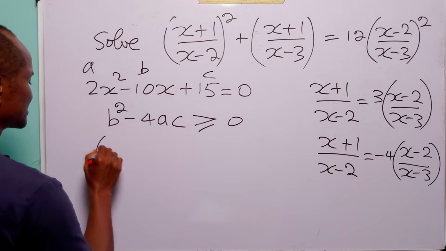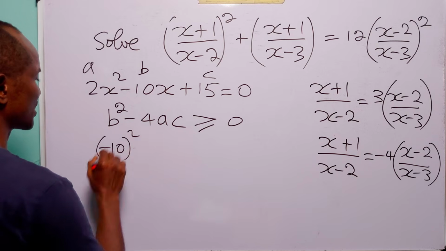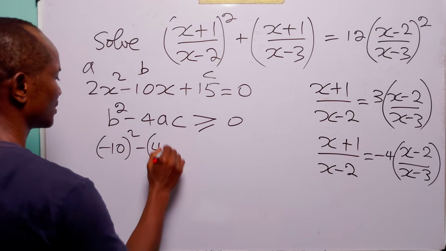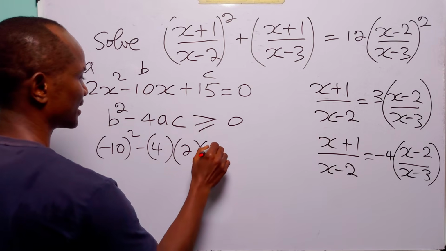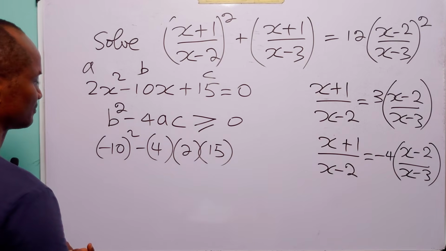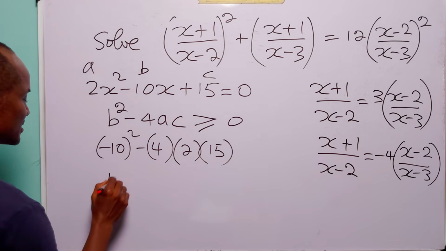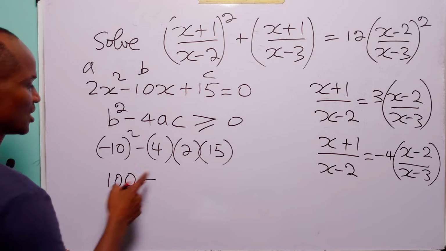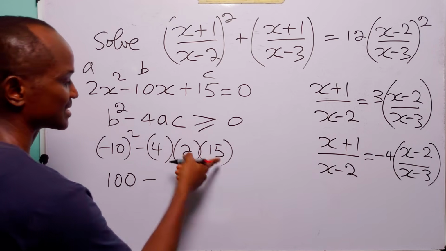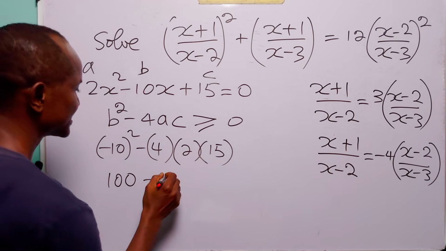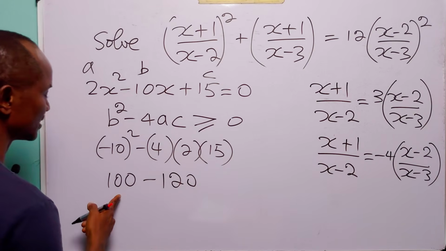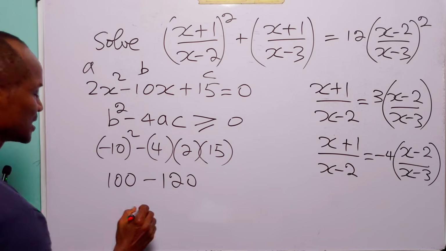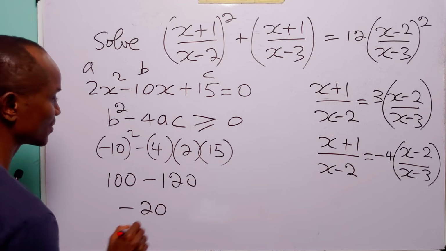Now, b squared is minus 10 squared minus 4 multiplied by 2 multiplied by 15. Minus 10 squared is 100. 4 times 15 is 60. 60 times 2 is 120.